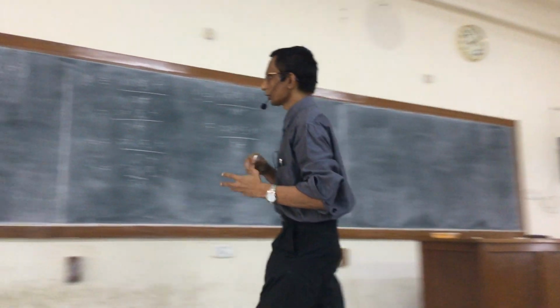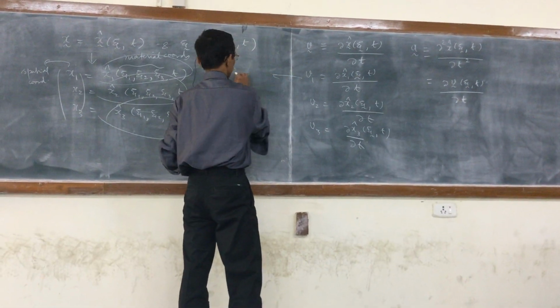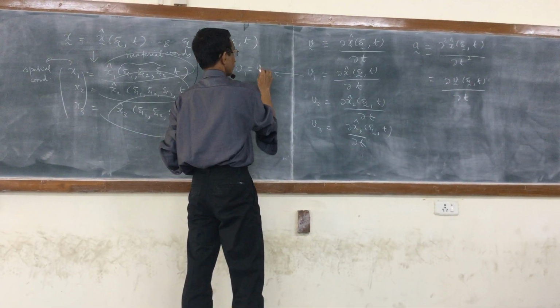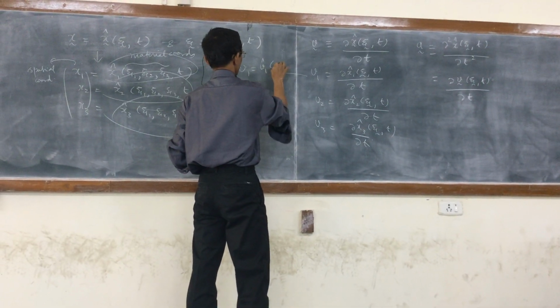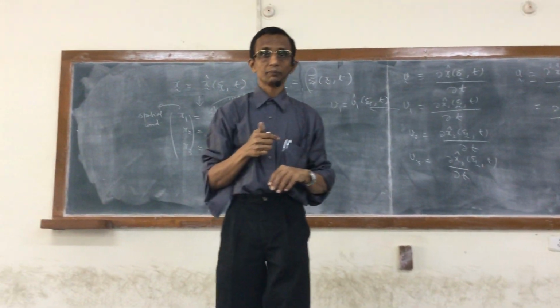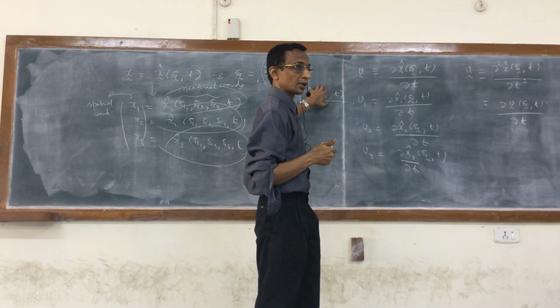So what this means is that now, for instance, I have the velocity, which is expressed as a function of, let me call it, psi and t. That is what you can directly see from this definition.